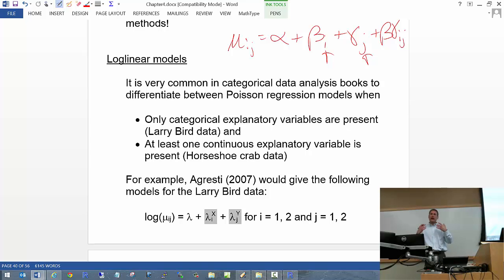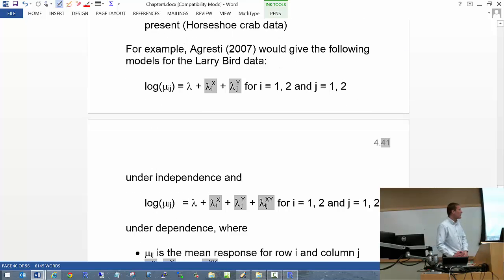So since we only have categorical explanatory variables here, we could actually write our log linear model in an ANOVA kind of format, such as this. This is how Agresti would write this model in his book. Let's say that we have a two-dimensional contingency table, meaning we have rows and columns.